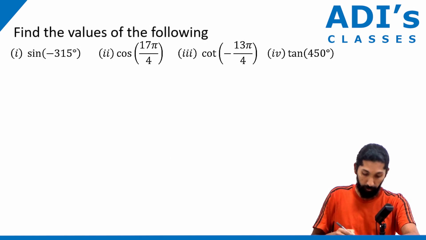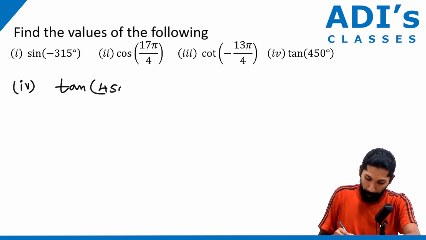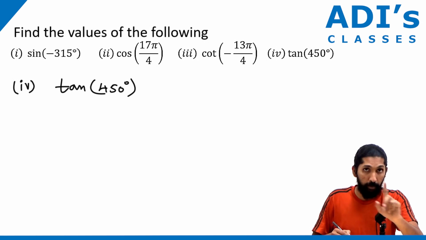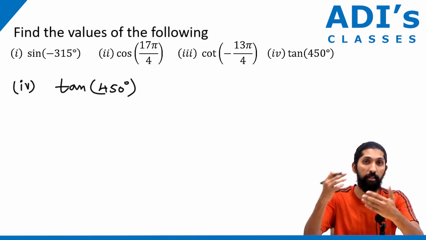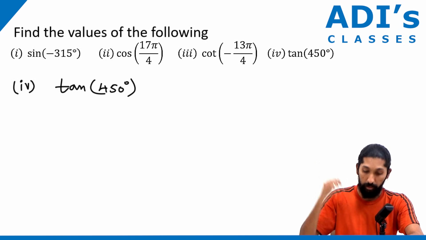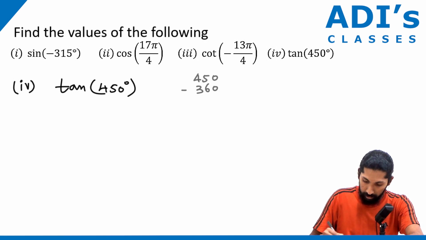For the fourth one, tan of 450. First thing, subtract 360 to figure out how much it exceeds, like what is the offset. So when you're doing this, 450 minus 360.